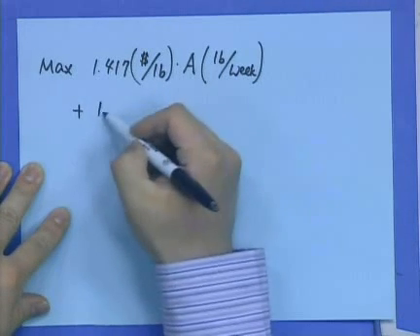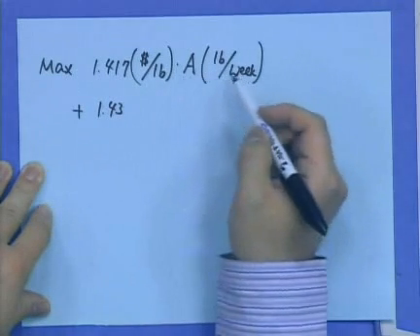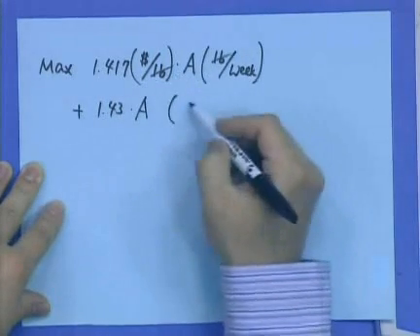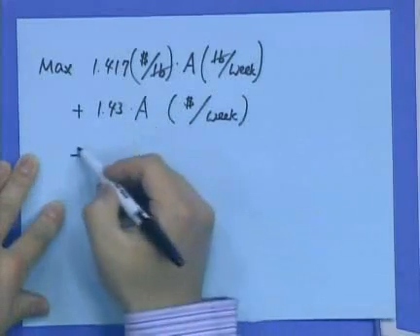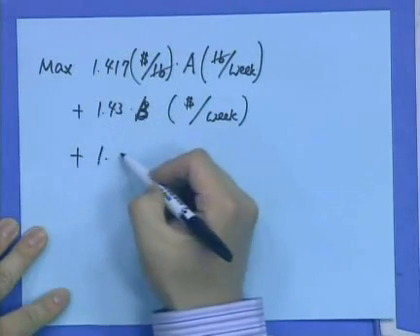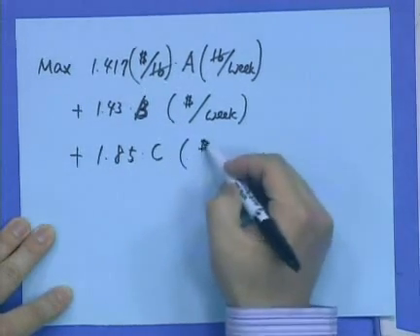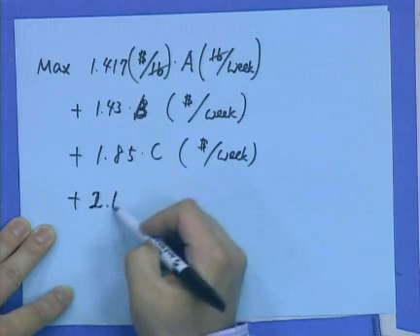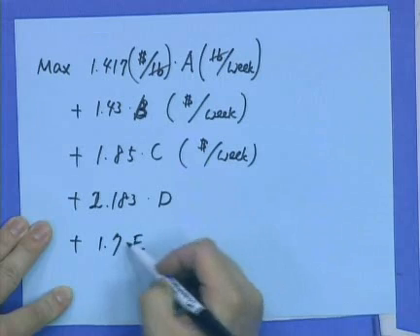Plus 1.43 times A, and the unit becomes dollar per week, right? I'm sorry, that must be B, right? And 1.85 times C, dollar per week, and 2.183 times D, and 1.7 times E. Okay?